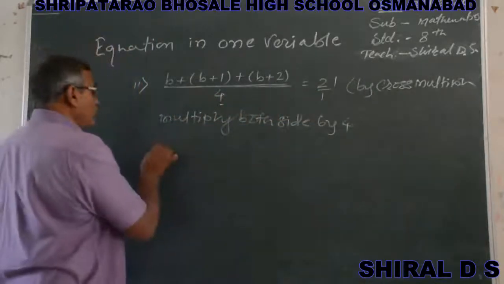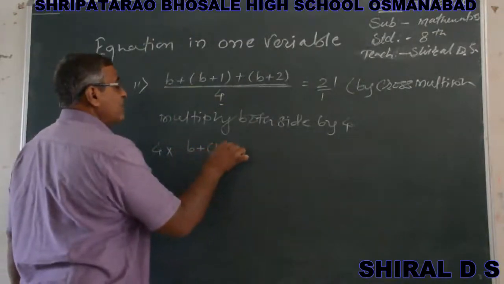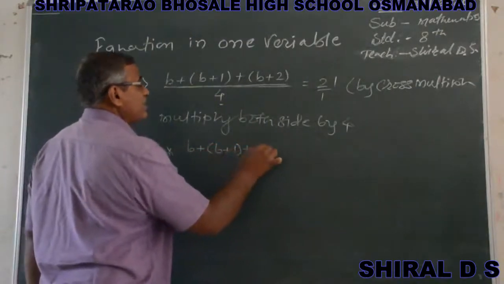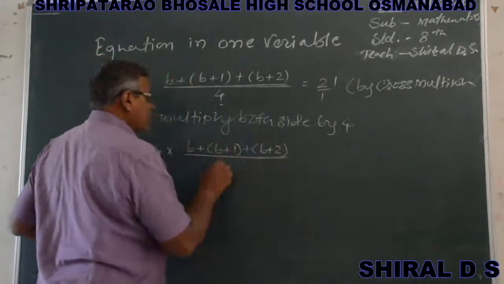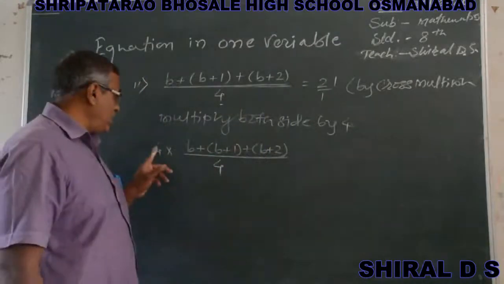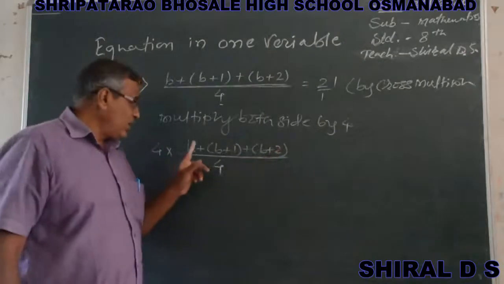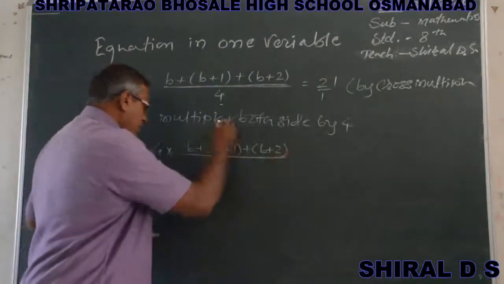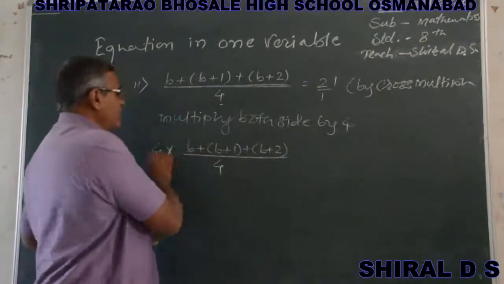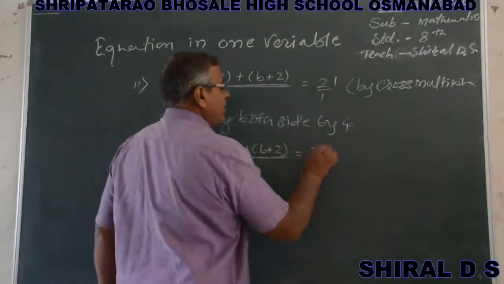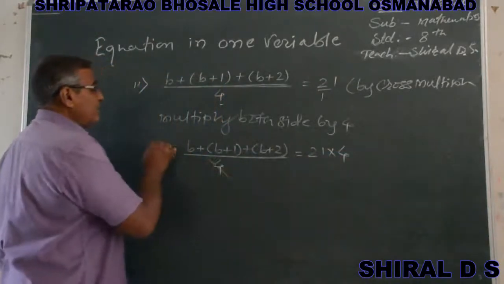Therefore 4 into b plus 1 plus b plus 2, total divided by 4. It means we will not multiply separately here; only one term is there, and we multiply 4 by it, and on the right 21 into 4. Then 4 cancels.